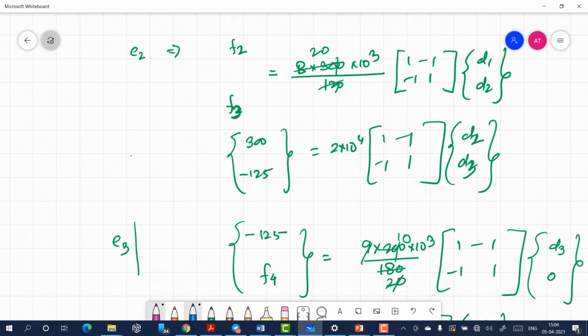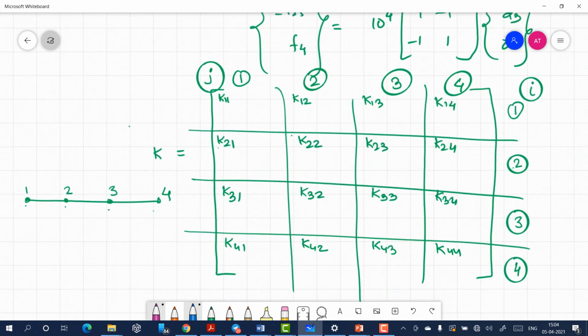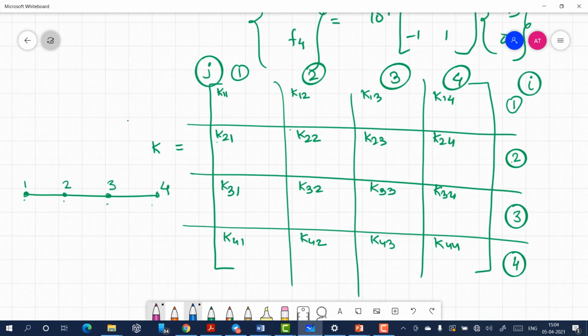So element number 1 will have components K11, K12, K21, K22. That is 10 to the power 4, minus 10 to the power 4, minus 10 to the power 4, and 10 to the power 4. This is because of element number 1.